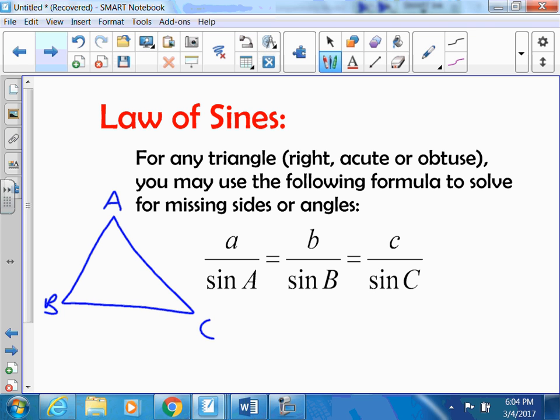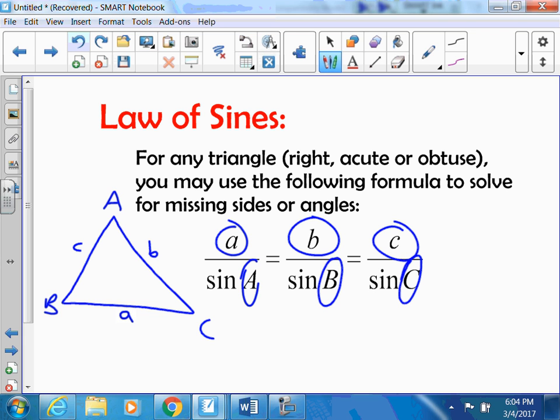If this is angle A, then side a is down here, opposite of it. If this is angle B, then side b is opposite of that, and then finally side c is over here. So the lowercase a, b, and c are the lengths of the sides of a triangle, and the capital A, B, and C are the angles.